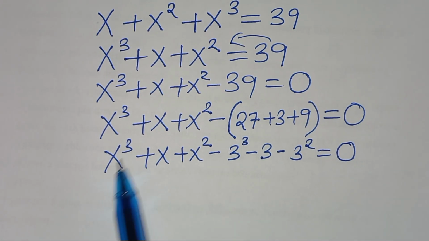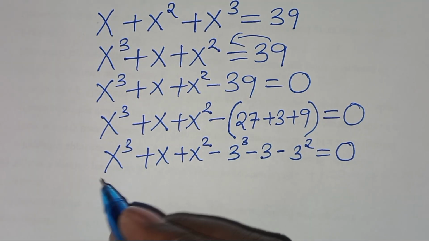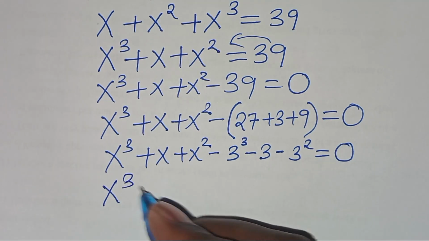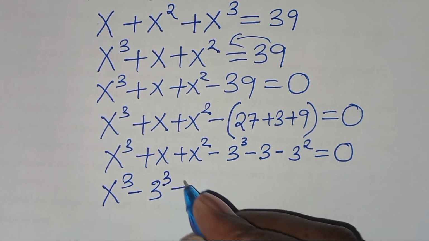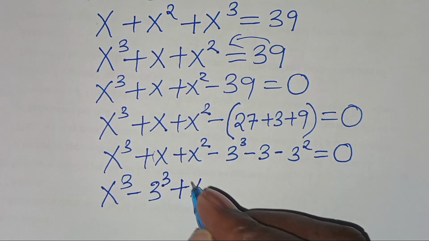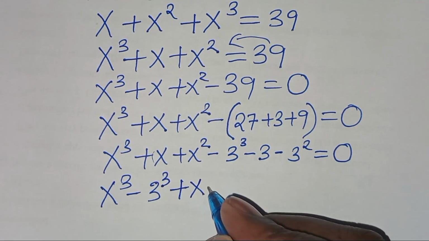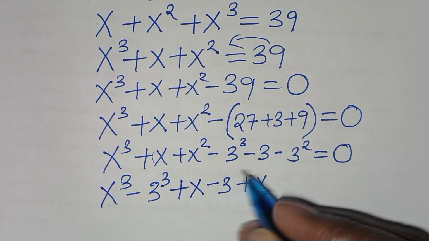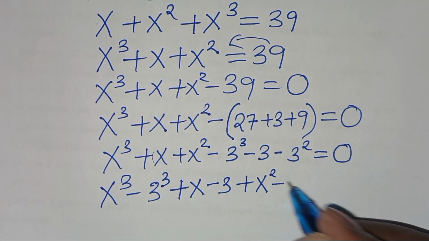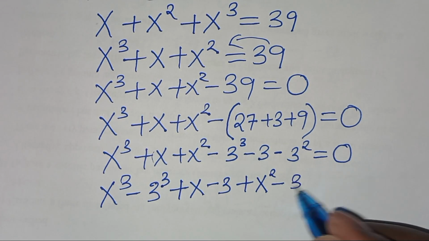So from here, we have x to the power 3 and we have 3 to the power 3. So this is x to the power 3, subtract 3 to the power 3. Then plus x, subtract 3. So this is x minus 3. Then plus x to the power 2, subtract 3 to the power 2.